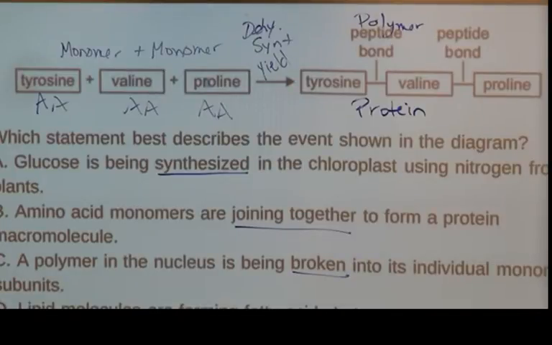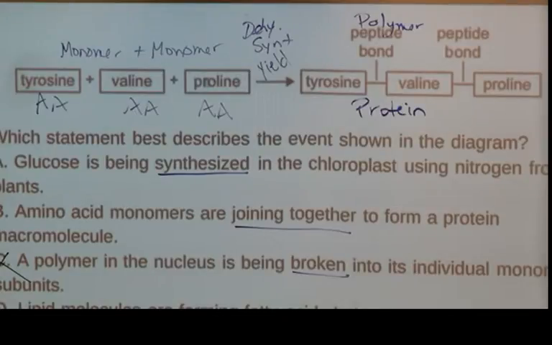And here's dehydration synthesis. Those are the things that make sense to me based on what you just said. Immediately there's one I'm going to knock out without even reading the rest of it. C, why? Broken. It's being broken, and we just said we're putting something together. So I'm not even going to reread that.